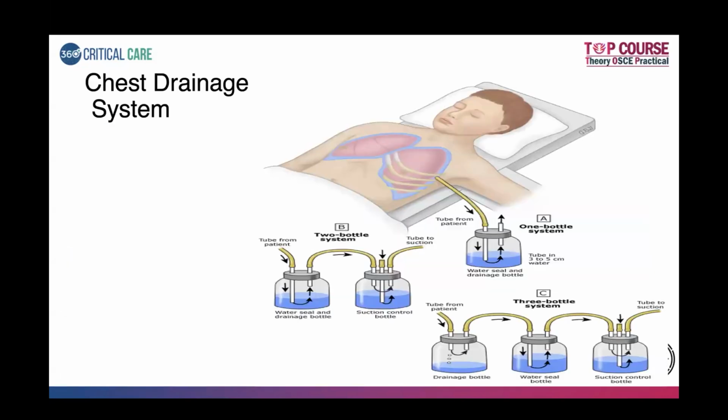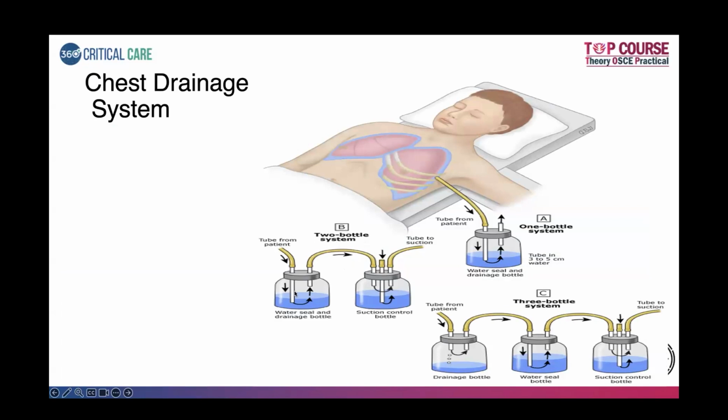Coming to the chest drain system, we have a 1 bottle, 2 bottle, and 3 bottle system. The 1 bottle system, as you can see here, has a water seal and a drainage bottle, both in the same compartment.